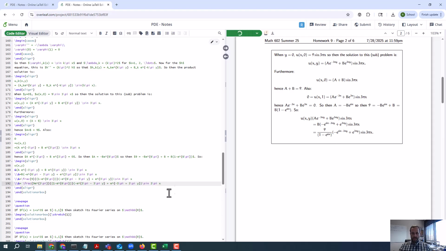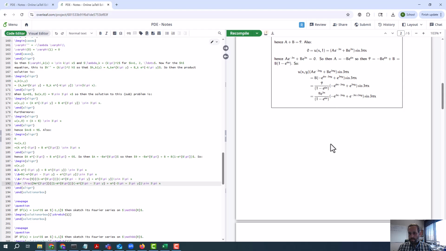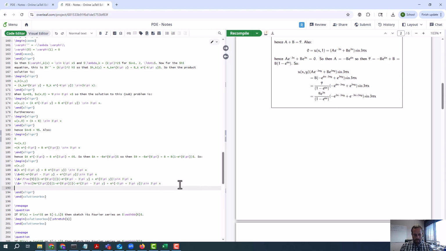Okay, so let me see how that looks. Now I can continue. I'm just going to do a little copy and paste work here. I've got a 3 pi in each term, so if I want, I can factor out a 3 pi, and it's going to be 1 minus y.